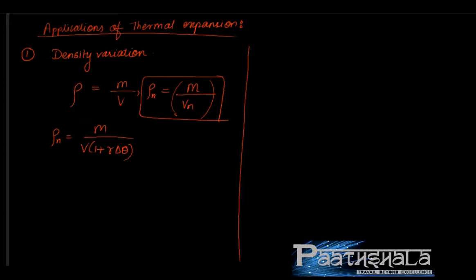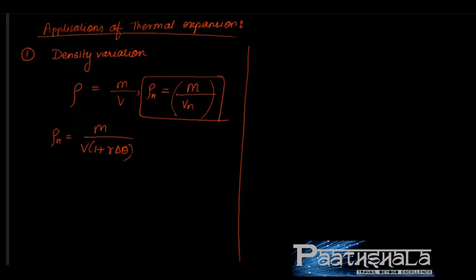Let's go over this one more time. Applications of thermal expansion. We are starting with density variation. Density is given as mass upon volume, right? So new density is given as mass upon new volume. Simple. Mass remains the same even if temperature increases and things expand. Mass doesn't increase or decrease, right? So new volume shall be given by V into 1 plus gamma delta theta, right?